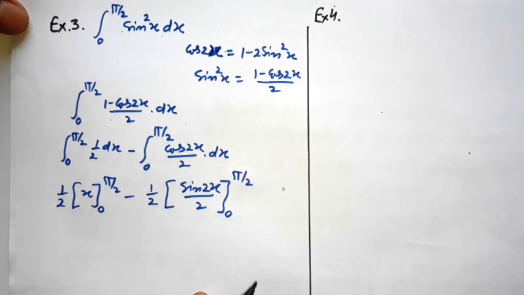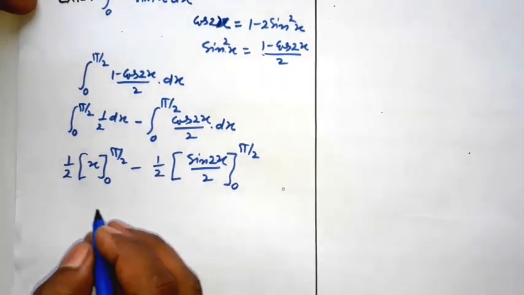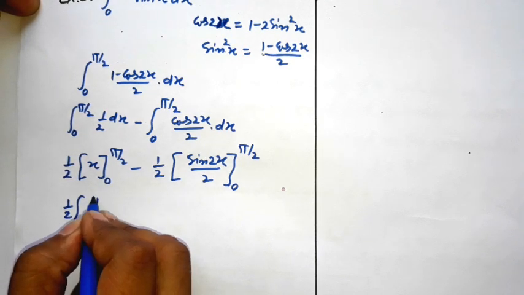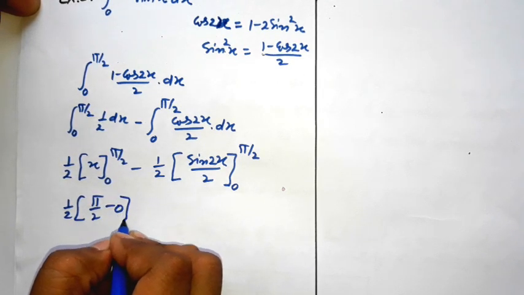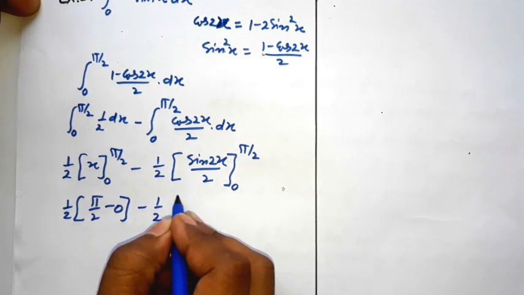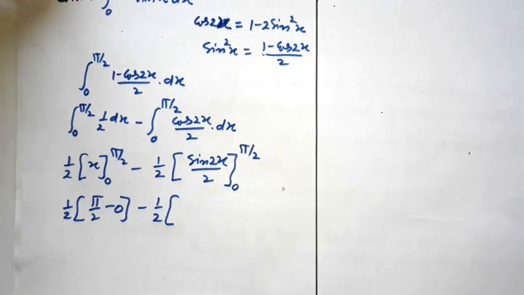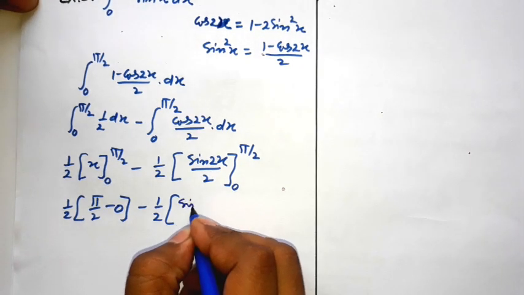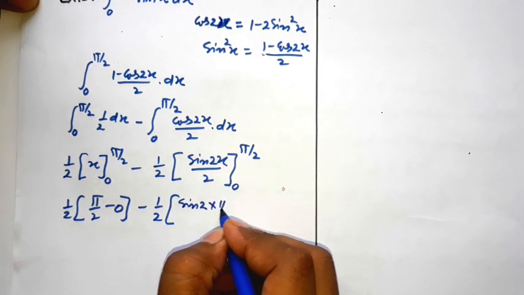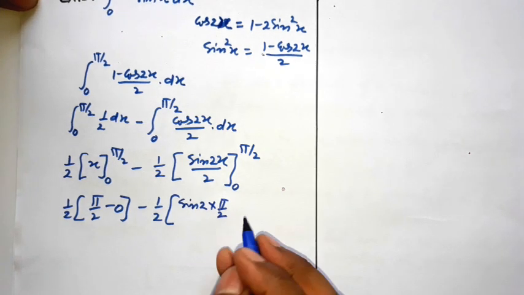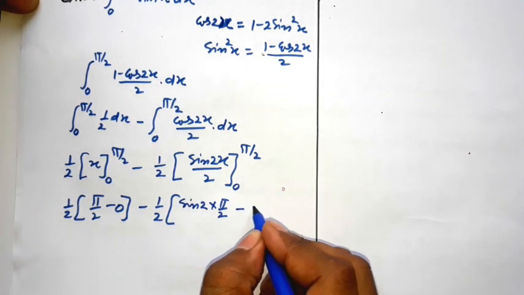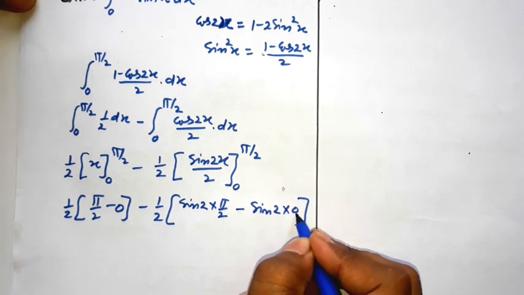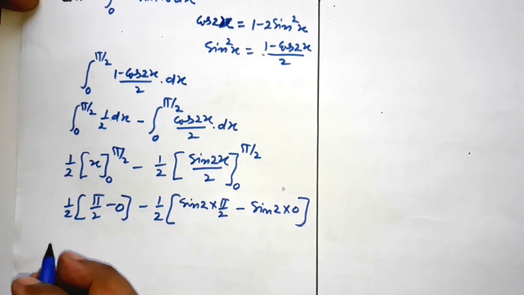Now we will apply the limit, then this becomes 1 by 2 upper limit minus lower limit minus 1 by 2, and the value will be sin 2 into pi by 2 minus sin 2 into 0, where 0 is the lower limit and pi by 2 is the upper limit.